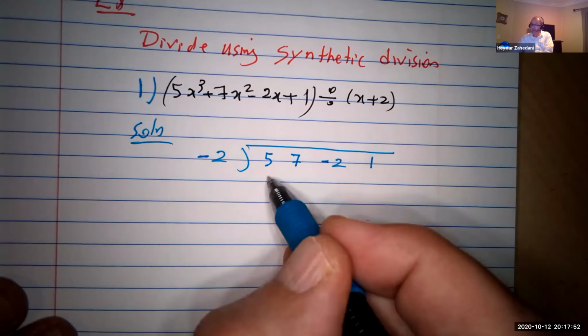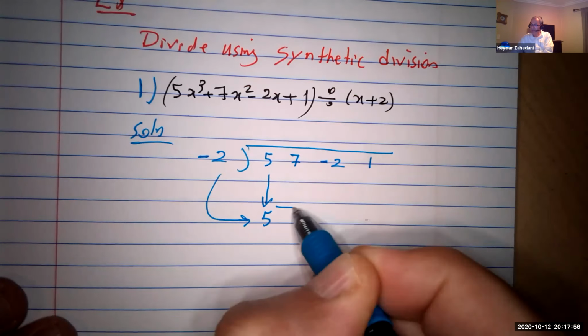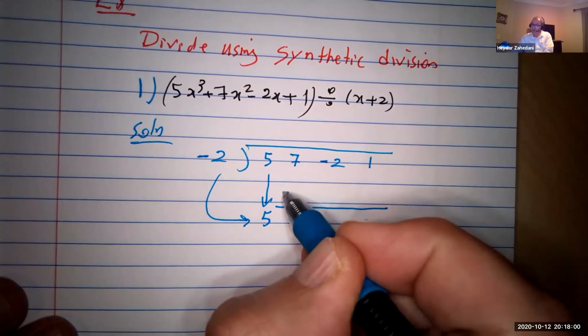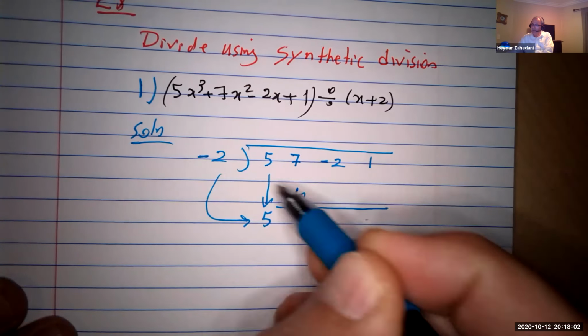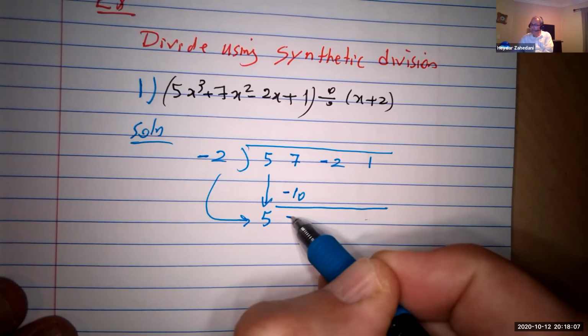Bring the 5 down, start multiplying. Negative 2 times 5 would be negative 10. Add them, that gives you negative 3.